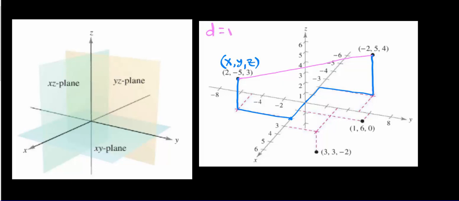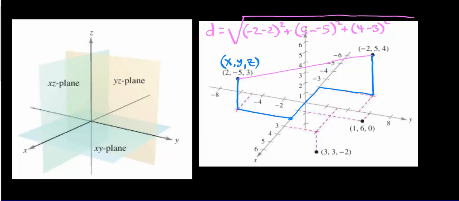The distance is equal to the square root of (-2 minus 2) squared plus (5 minus -5) squared, and then plus (4 minus 3) squared, the square root of all that. So we still use the distance formula like usual. That still applies, only we have now another coordinate.